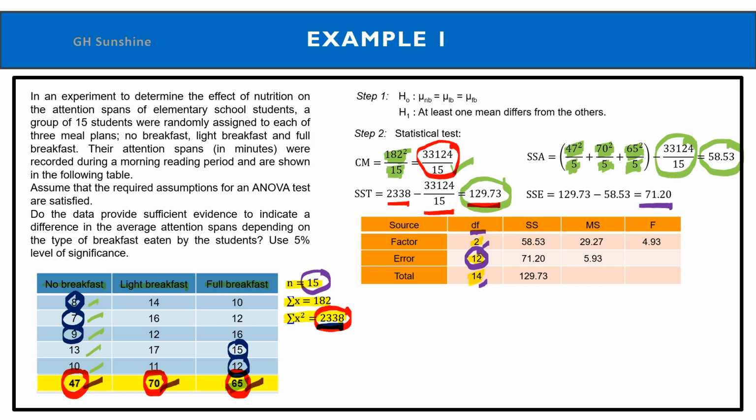Next step, substitute SSA, SSE, SST. Then calculate MSA: 58.53 divided by 2. Then MSE, so MSE is 5.93. How?